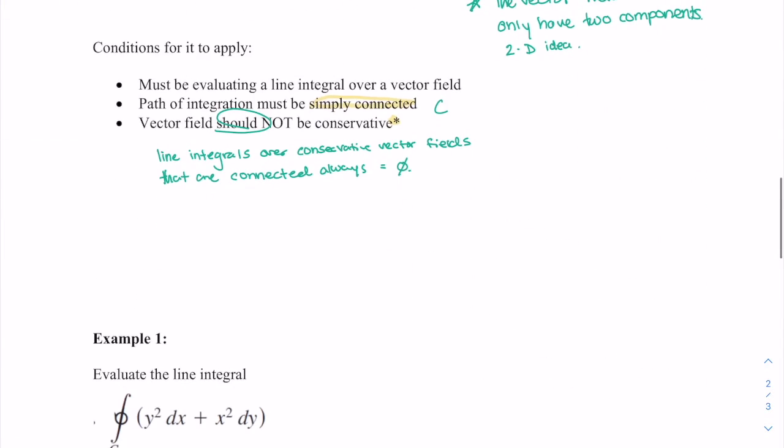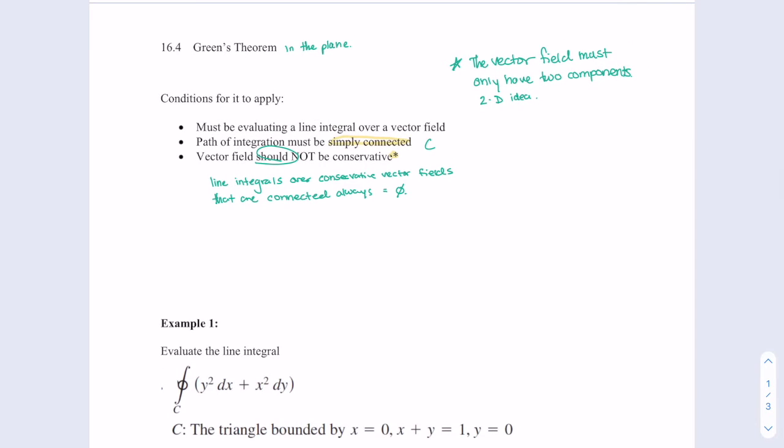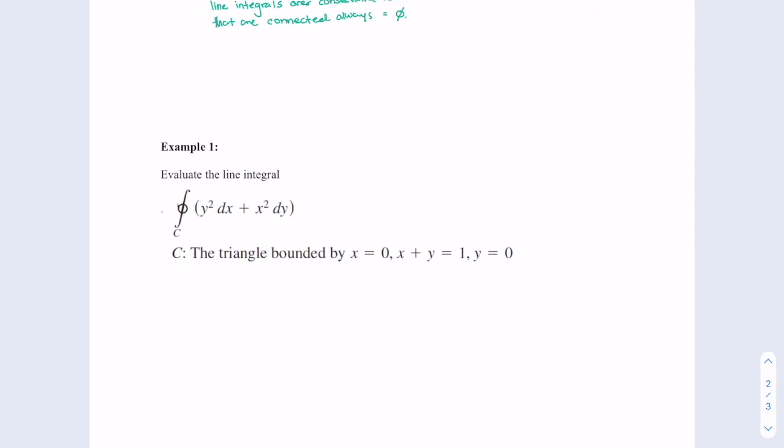The reason the word "should" is in there and the asterisk is added at the end is that you can apply Green's theorem, but it would also just evaluate to give you 0. It's just more work than necessary. So these are the conditions you should look out for that would indicate this is a good opportunity to use Green's theorem. And now let's go into a couple of examples where we can see Green's theorem in action and how it can make evaluating some of these line integrals much easier.